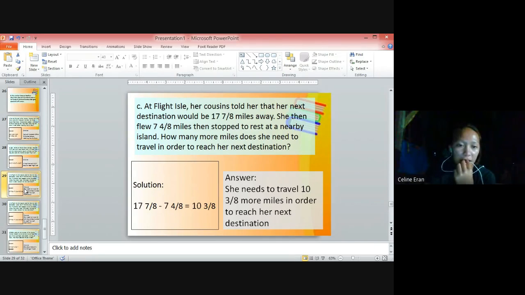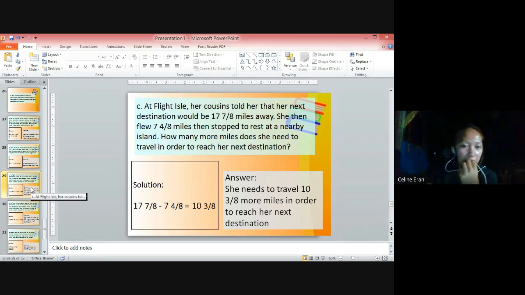At Flight Isle, her cousin told her that her next destination would be 17 and 7 over 8 miles away. She then flew 7 and 4 over 8 miles, then stopped to rest at a nearby island.